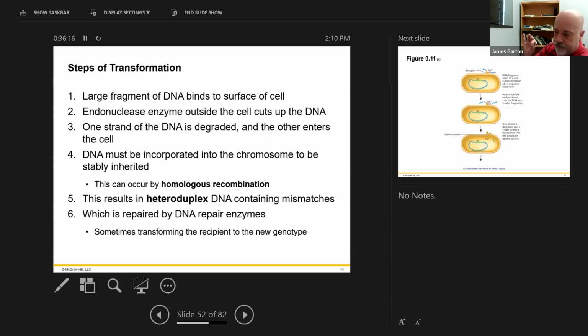And sometimes they will transform the recipient to something new. And sometimes those repair enzymes will simply get rid of the mismatches and not transform the recipient into a new genotype.